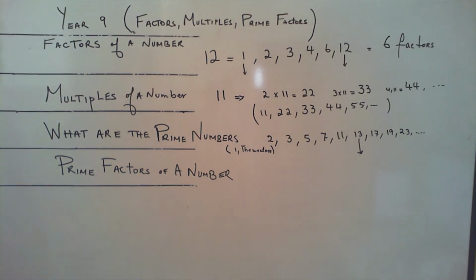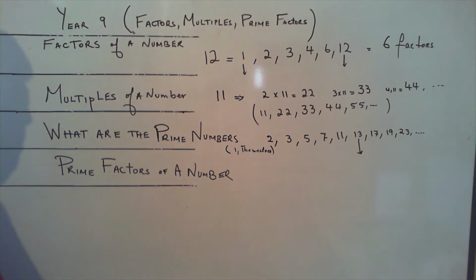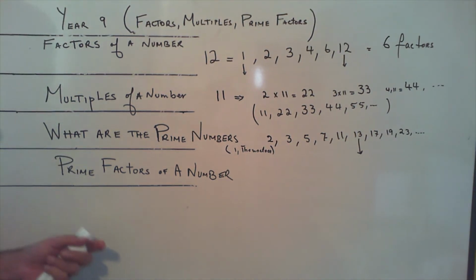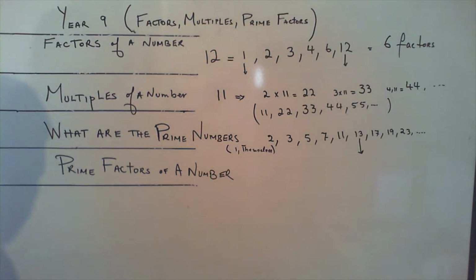So 1 is not a prime number. This is a list of prime numbers. So if they ask you for factors of a number or multiples of a number, or whether a number is a prime number, we should be able to answer these questions.